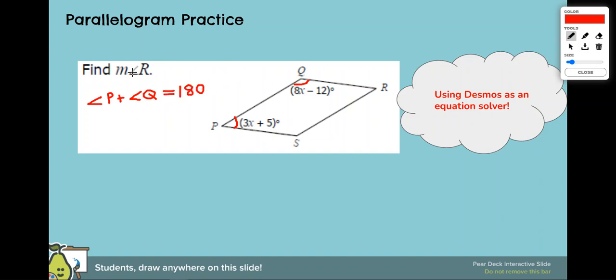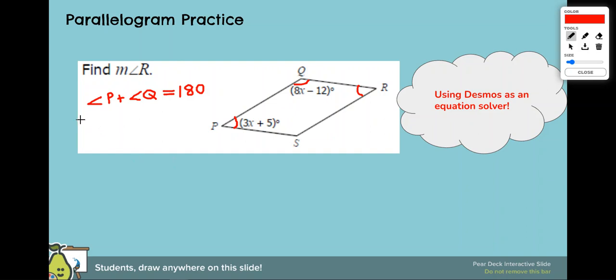Even though I'm looking for angle R, in order to find the measure of angle R, I'm going to have to solve for x first. And in order to solve for x, I need to use both of these and set them into an equation where I can solve for them.